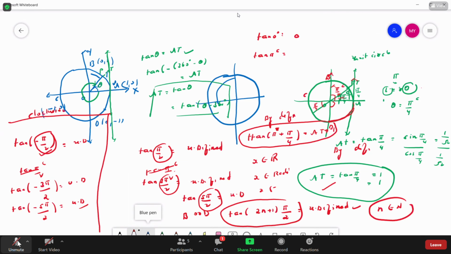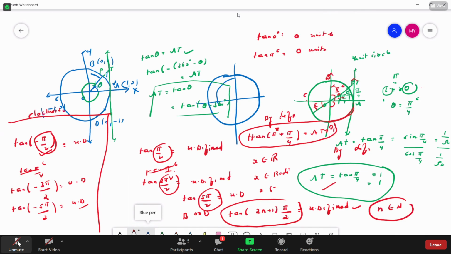The body has come from A to C. It has made an angle of pi radians, so it has come to C. If I have to extend this, I can't extend like this; I have to extend like this. So the distance from A to A is 0 units. These are the lengths.